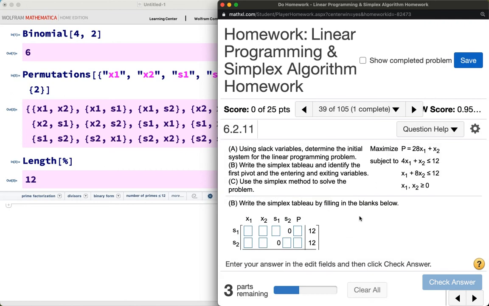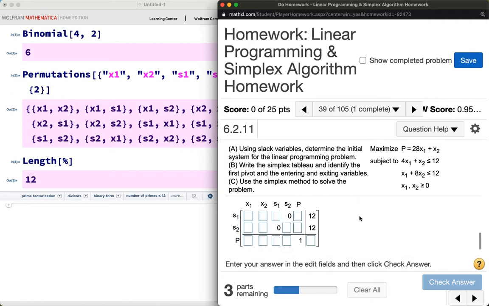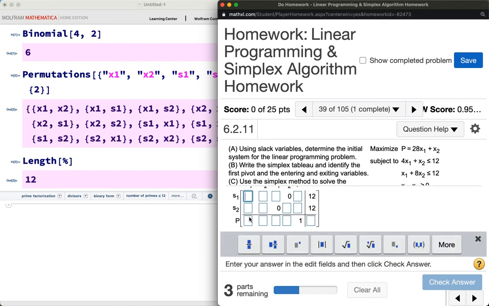Write the simplex tableau by filling in the blanks below. Well, that's going to be easy. We're going to have 4, and then 1, and then 1, 0. And then 1, and then 8, 0, 1, 0.